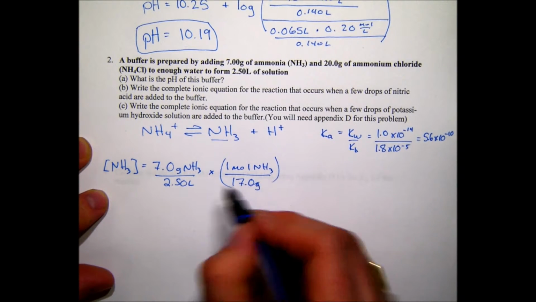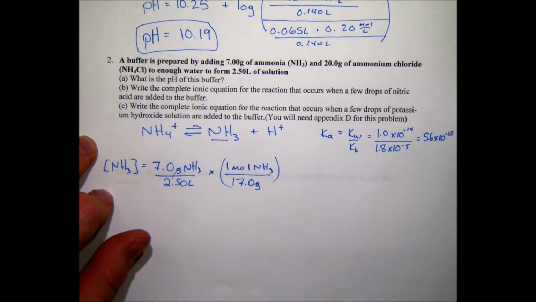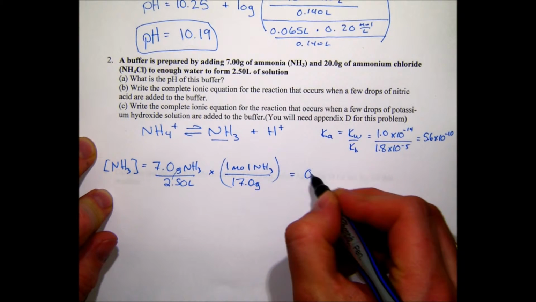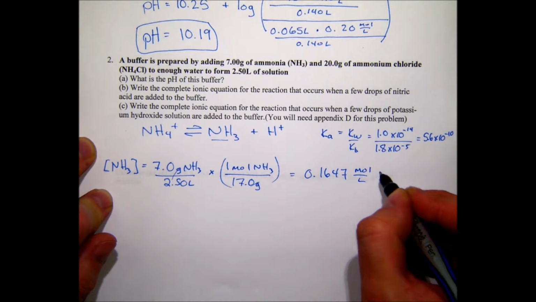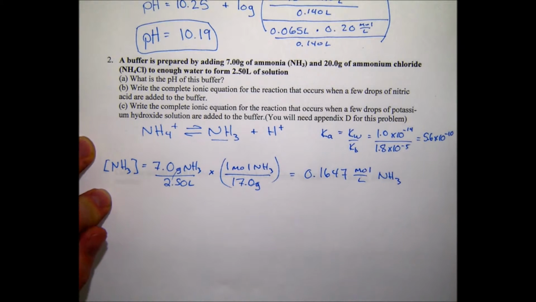So that will turn me into moles per liter, and that equals 0.1647 moles per liter NH3.